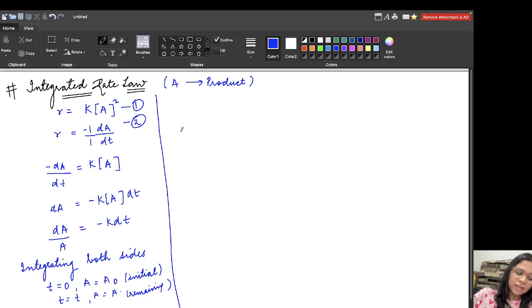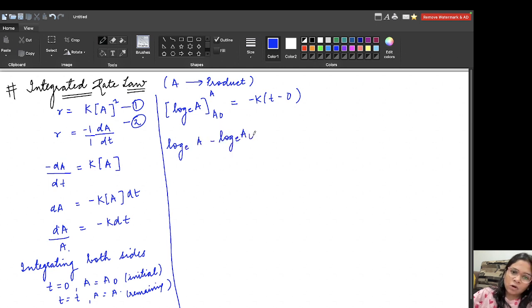After integrating, because this is d[A]/[A], we get log base e of [A] from [A]0 to [A], and here you get minus K times t minus 0. So what we actually got is log base e [A] minus log base e [A]0 equals minus Kt. And what will be your final equation? Log base e of [A] will be equal to log base e of [A]0 minus Kt.